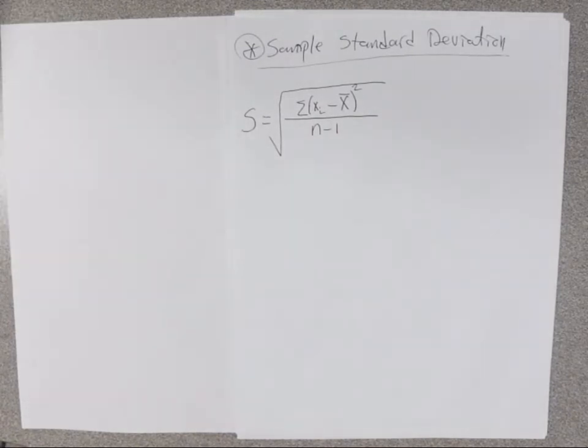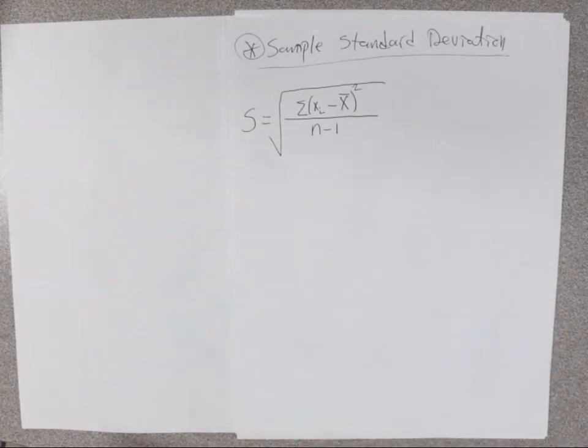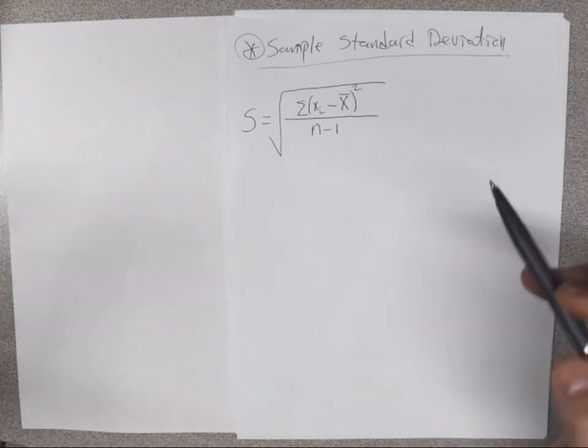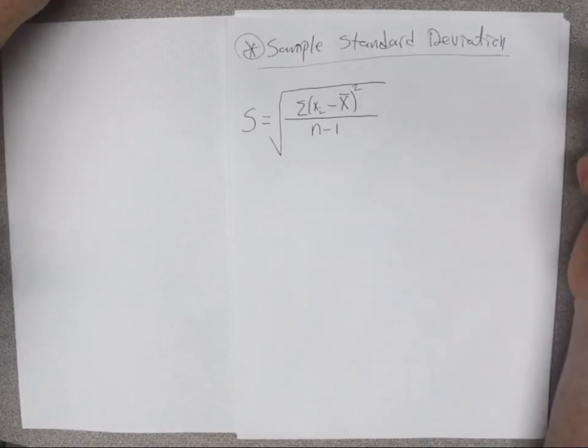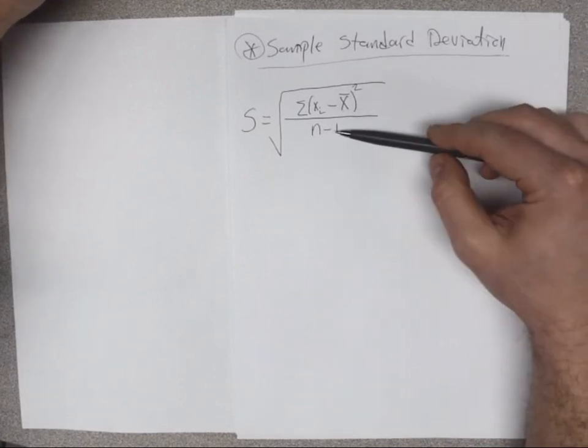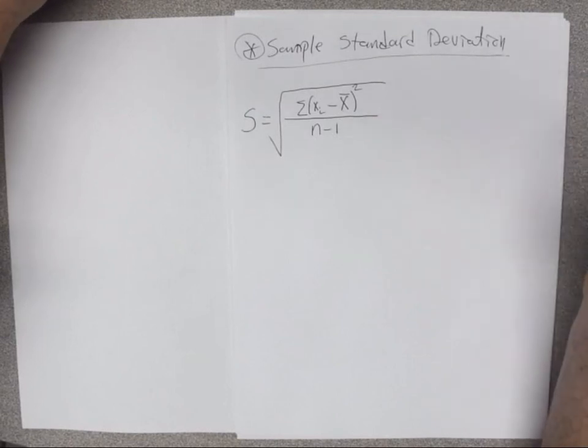So by subtracting 1 from the bottom, it makes our standard deviation bigger, which is a good thing in this case. Since our population's unknown, that's why we have to subtract this one. If there were other parameters that were unknown, then we would have to subtract another one from the bottom. But for this course, you just need to know that that's the formula.